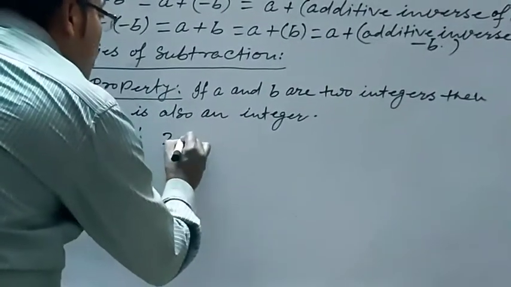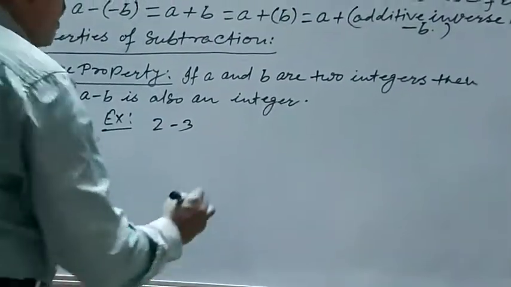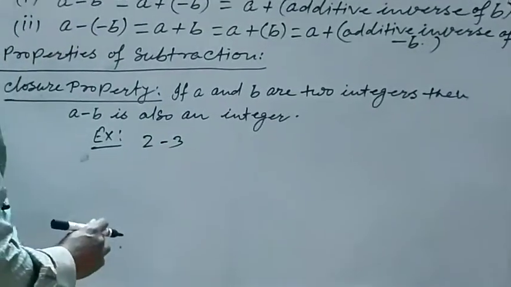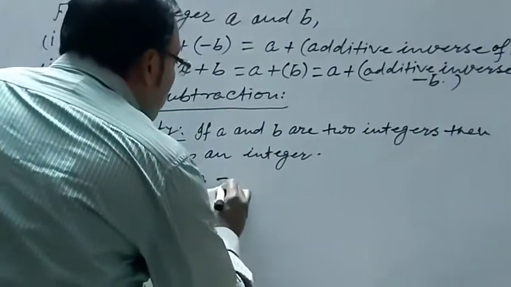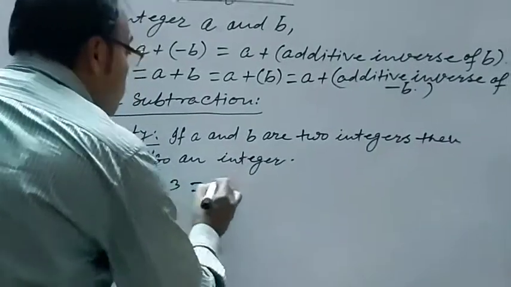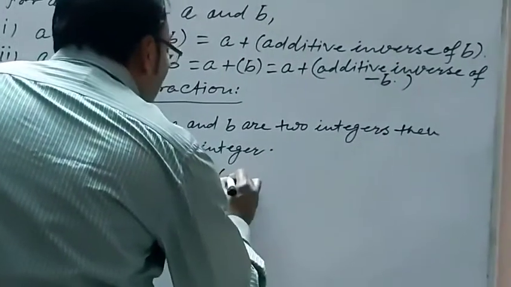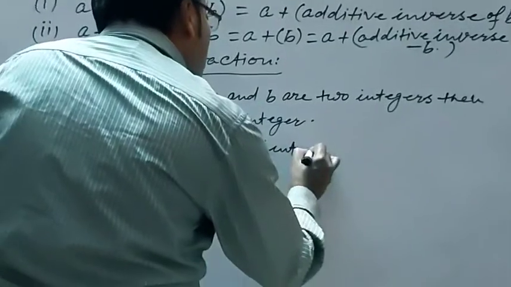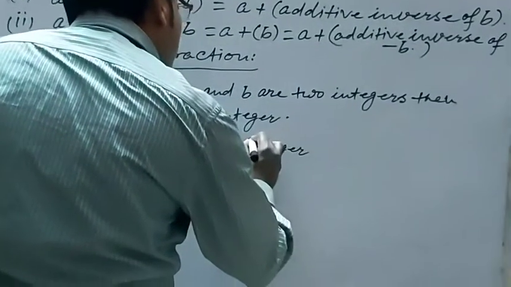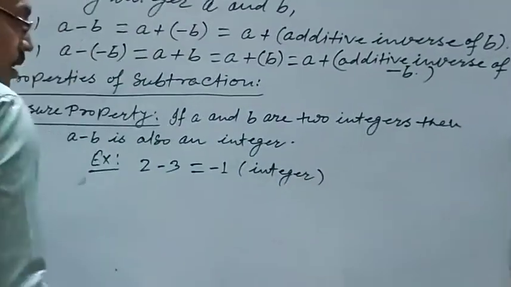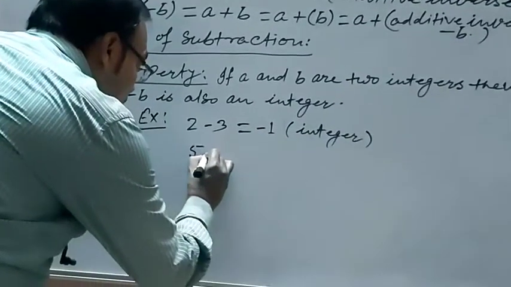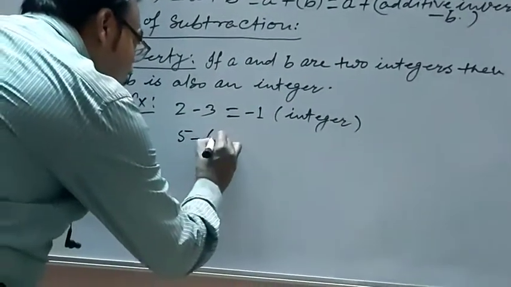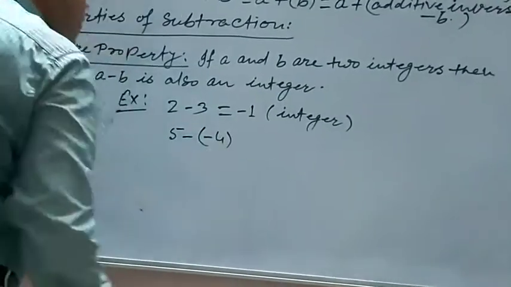Suppose 2 minus 3. If we subtract 3 from 2, we get minus 1. Minus 1 is an integer. Again, 5 minus minus 4.